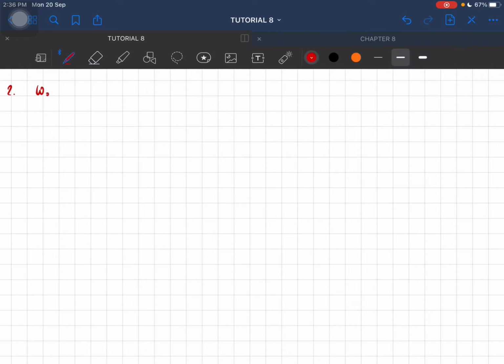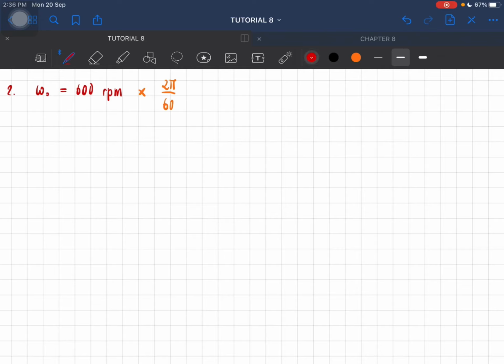Okay, so initial angular velocity is given as 600 revolutions per minute. So we have to convert this into radian per second, which is 2 pi over 60 times 2 pi. You have to convert this into radian per second, okay?